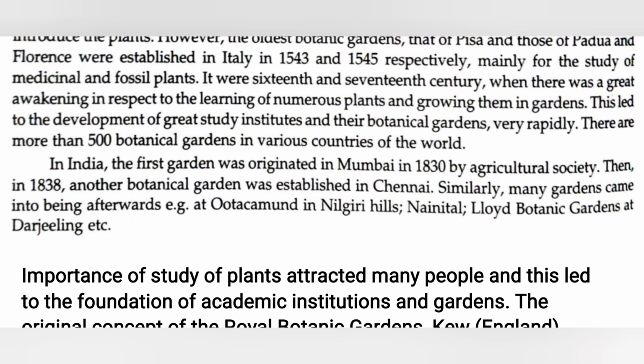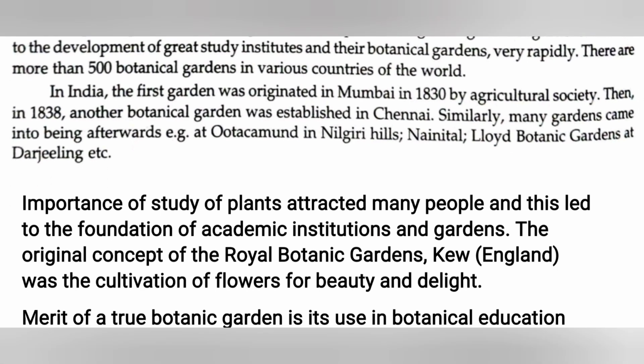Similarly, many gardens came into existence at Ootacamund in Nilgiri Hills, Nainital, Lloyd Botanical Garden at Darjeeling, etc. Students, in Mandi we also have a botanical garden that is maintained by IIT Mandi at Kamand. You can see the importance of the study of plants attracted many people, and this led to the foundation of academic institutions and gardens even till date.